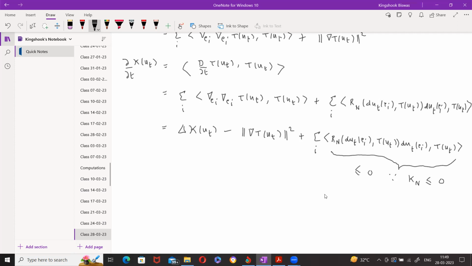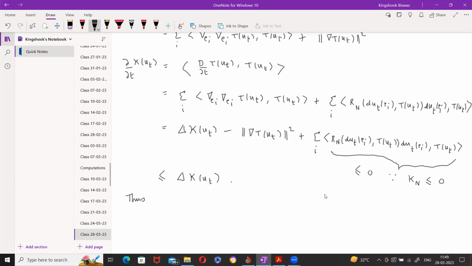So this is less than or equal to 0, okay? And so the whole thing is less than or equal to the Laplacian of kappa u_t, right?